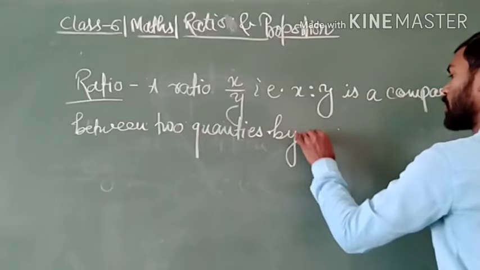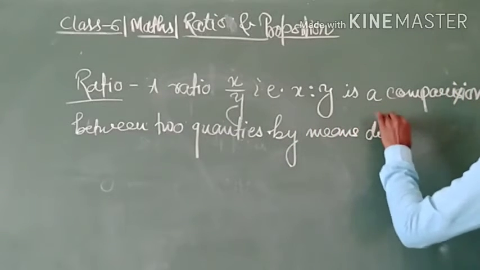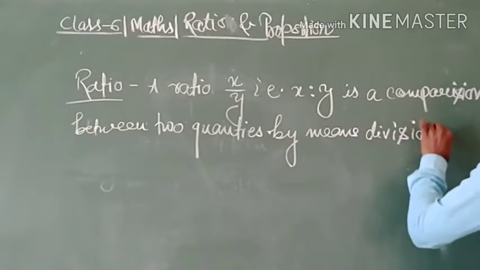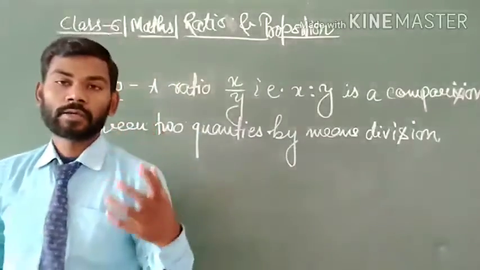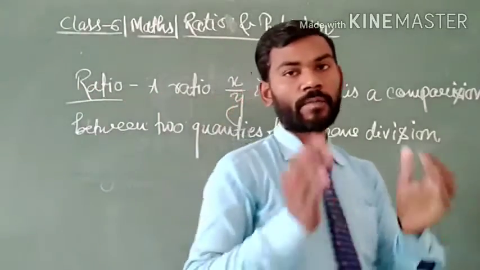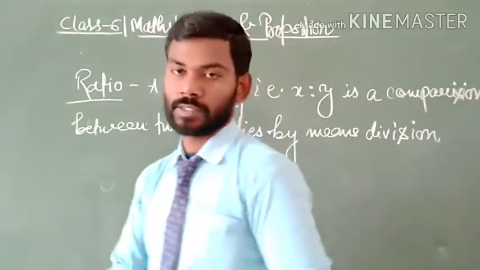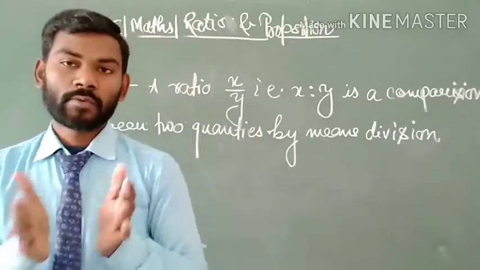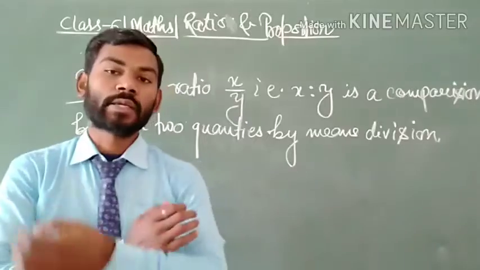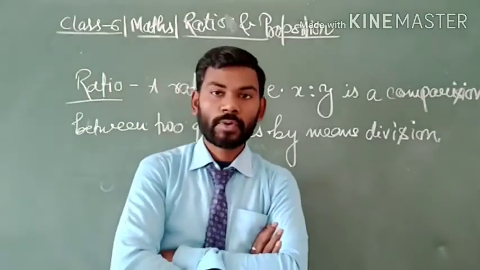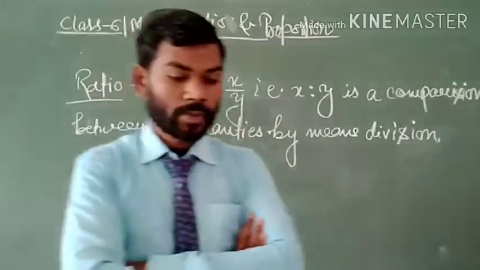By means of division is called ratio. A ratio is a comparison of two quantities by means of division. Which means that we compare two quantities with the help of division, and this is called ratio.